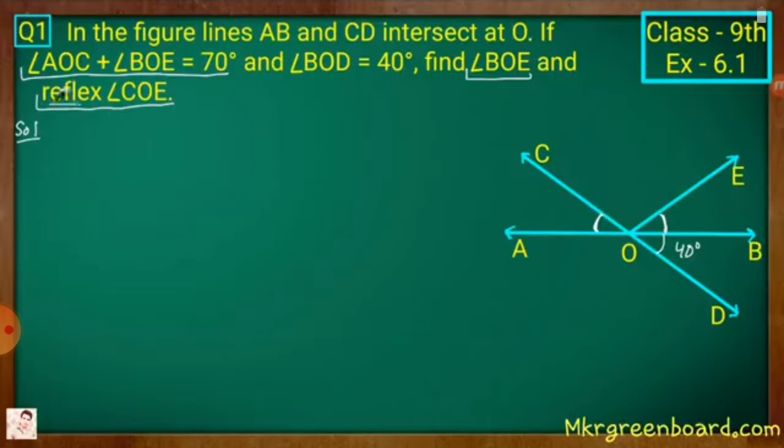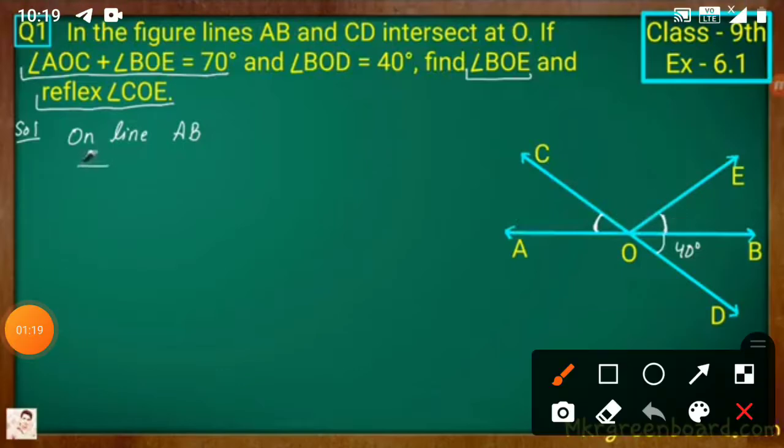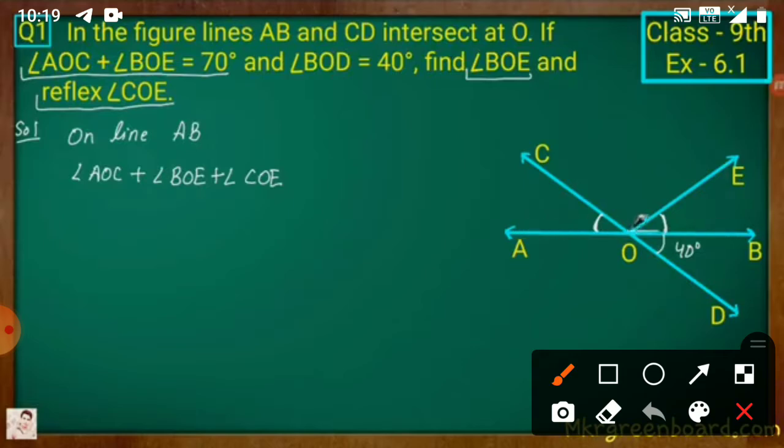Angle AOB is a linear pair of angles. On line AB, angle AOC plus angle BOE plus angle COE equals 180 degrees.